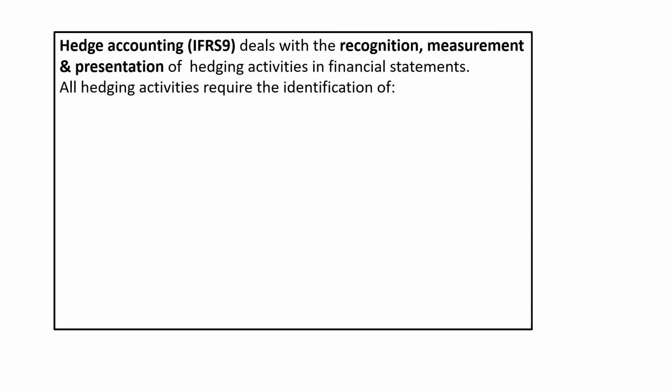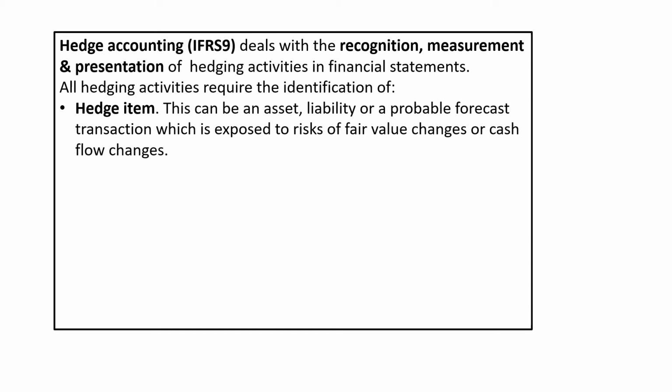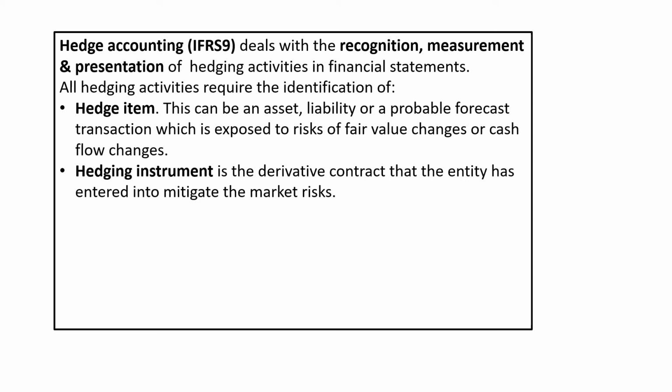All hedging activities require the identification of the hedged item, and this can be an asset, liability or a probable forecast transaction which is exposed to risks of fair value changes or cash flow changes. Finally, the other instrument is the hedging instrument, and this is the derivative contract that the entity has entered into to mitigate the market risk, and we discussed that in the earlier slide.